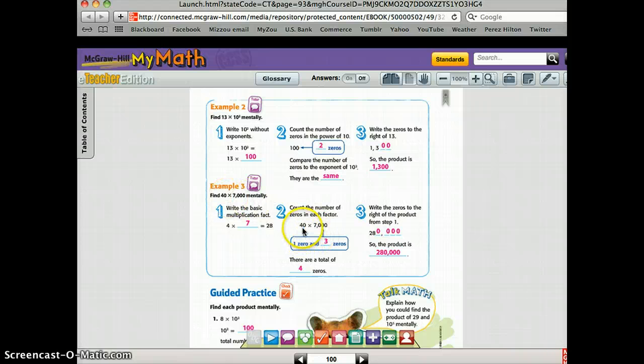There's 1 zero in 40, and there were 3 in 7,000. So we have a total of 4 zeros. That means our product is going to have a total of 4 zeros in it. That basic fact answer was 28. So we're going to start with that, and then write the zeros to the right of that product. So 4 zeros. Our product is 280,000.